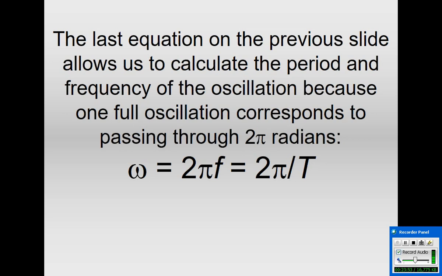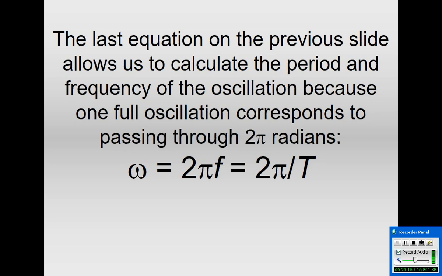Angular frequency is radians per second. Frequency is oscillations per second. But one full oscillation is equivalent to 2 pi radians. So we have a factor of 2 pi between omega, the angular frequency, and f, the frequency. Omega equals 2 pi f.